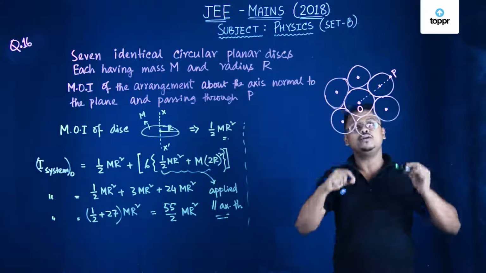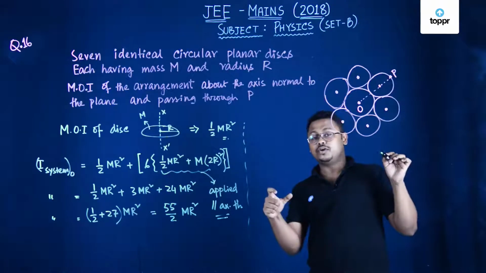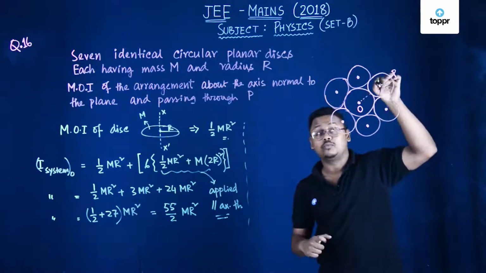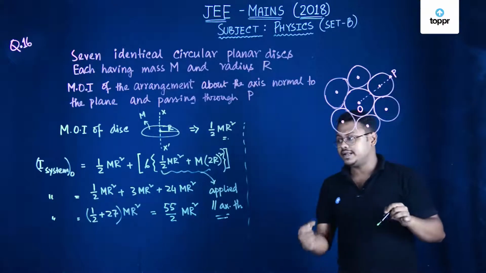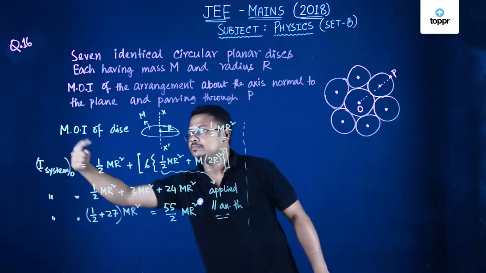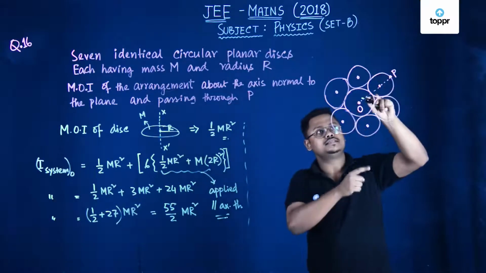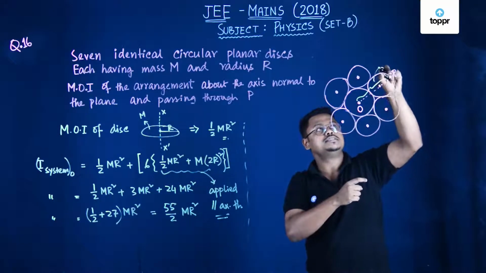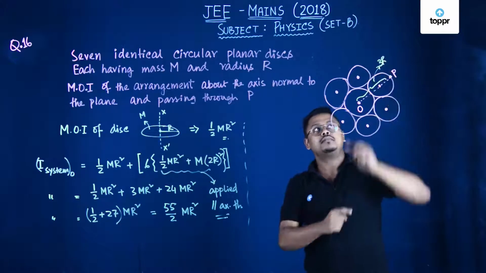Now what we have to find? We have to find the moment of inertia about this point P. So we can write the moment of inertia about an axis passing through P, normal to the plane, as the moment of inertia of the system about O plus M into this distance square, and this distance is how much? This distance is 2R plus R, that is 3R, right?